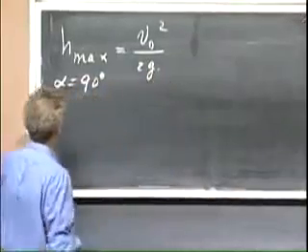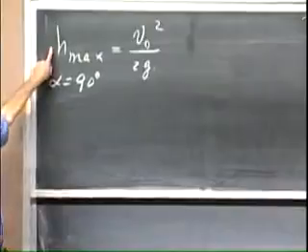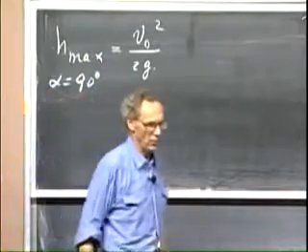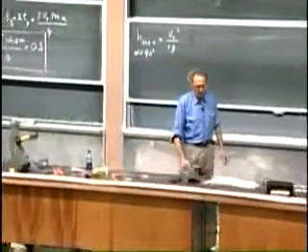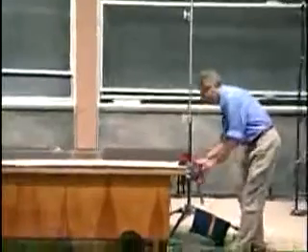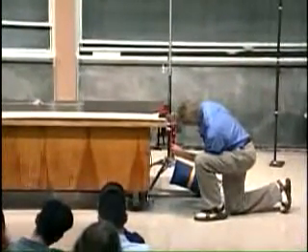In other words, if I measure the height, if I shoot it up vertically, and you can measure that for me, you will see how I'm asking you to do that, then we can calculate V0 squared. So the first thing I want to do is to shoot it up vertically, and how are you going to help me to tell me how high it is? That comes easier than you think.